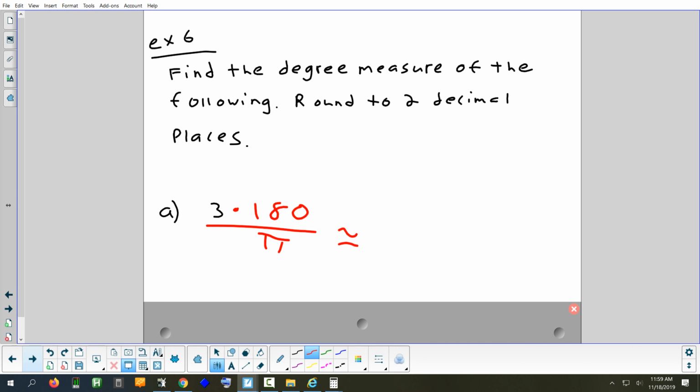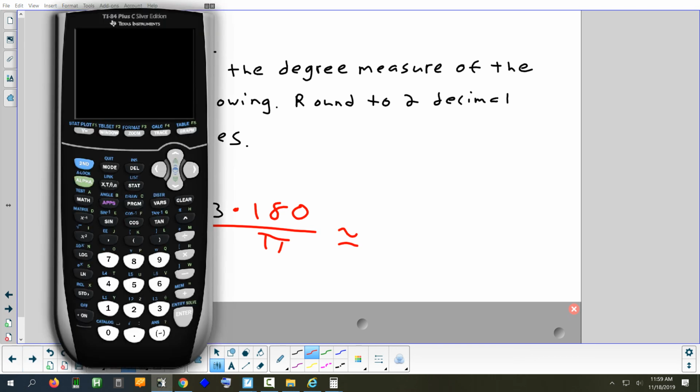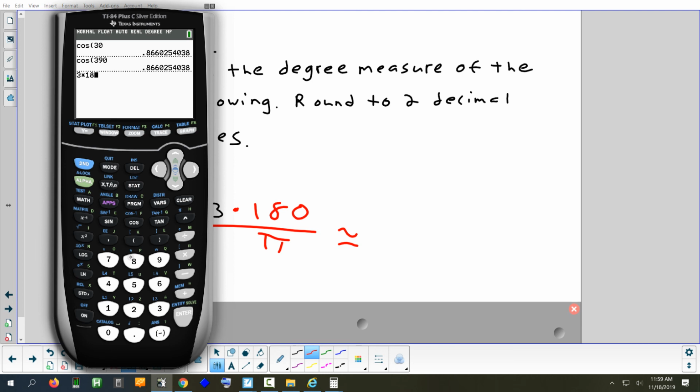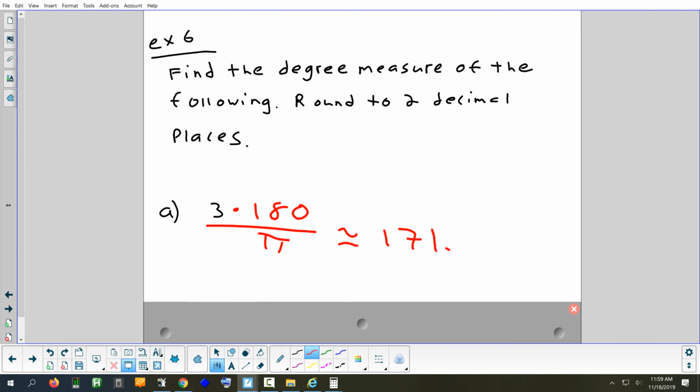So I'm going to do it with the pi button the first time. 3 times 180 gives me 540. Divide by pi. 171.89. Sometimes we'll do 3 decimal places, sometimes 2. 2 or 3 is fine. You do need the degree symbol, because without it, that's 171.89 radians.